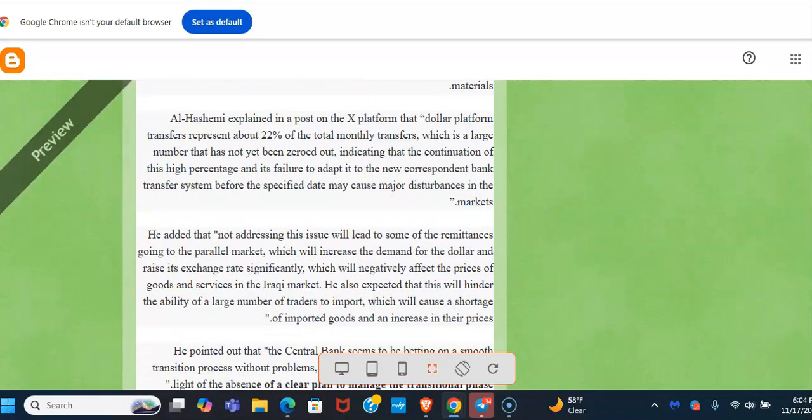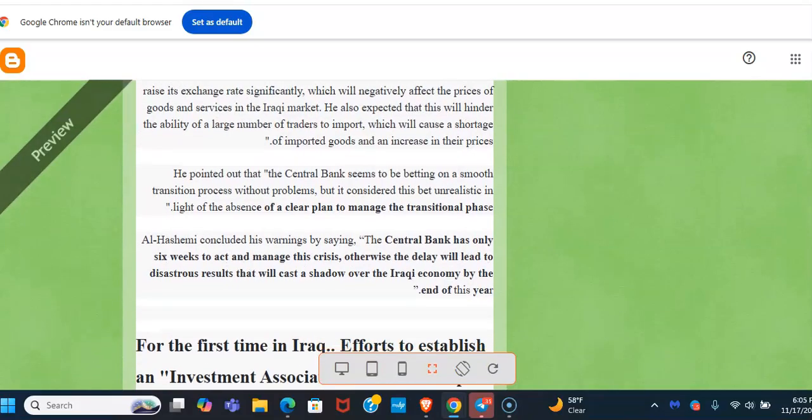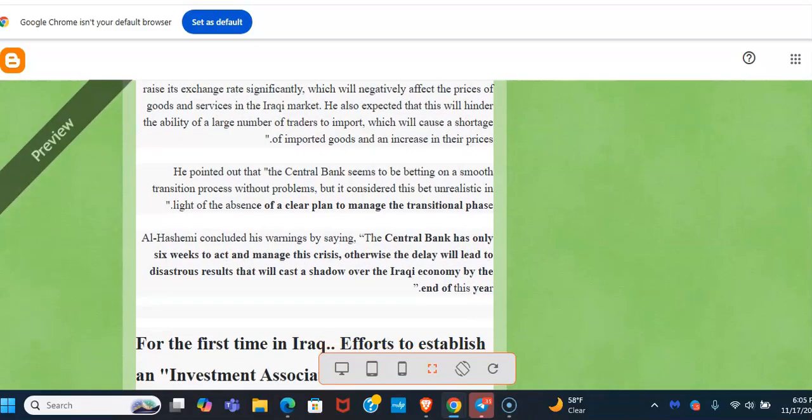So, I'm thinking maybe he wants more details of, okay, you're telling us you're going to cut this auction off, but you're not really giving us details of what's going to replace it, right? And maybe there's a reason why they're not giving all the details. So he also talks about the trade. And here, the central bank seems to be betting on a smooth transition process without problems. You're right.